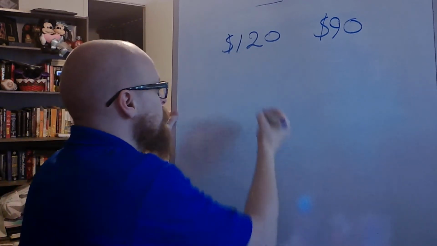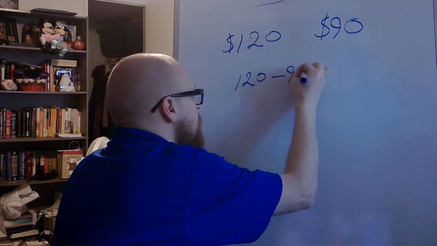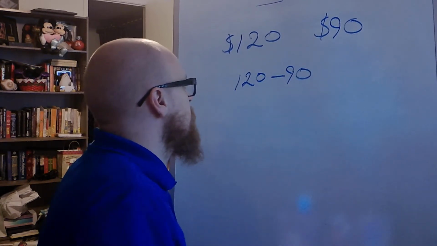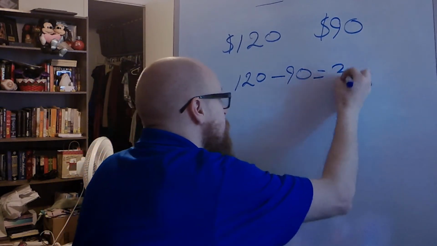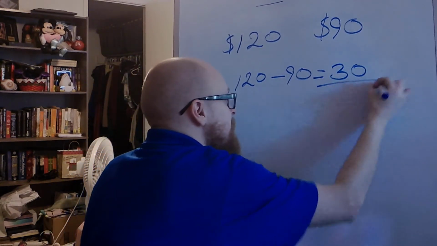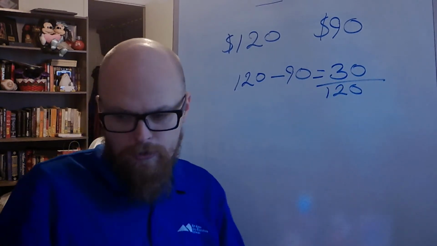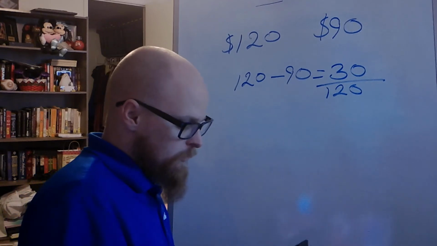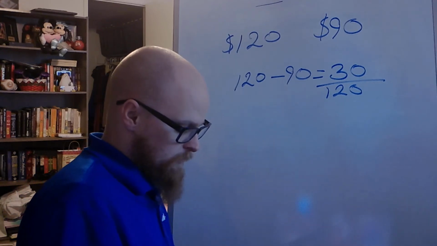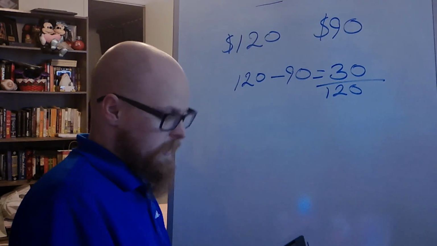We take our numbers, we find the difference. So 120 minus 90, right? In this case, that works out to be, what, 30? And we divide that by the original price, 120. In this case, we're using whole numbers. It makes things a little easier, right? We're still going to end up with a decimal. 30 divided by 120.